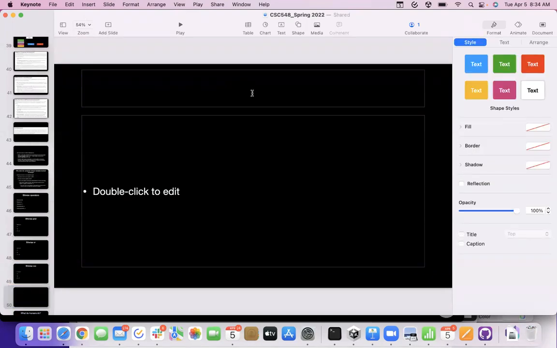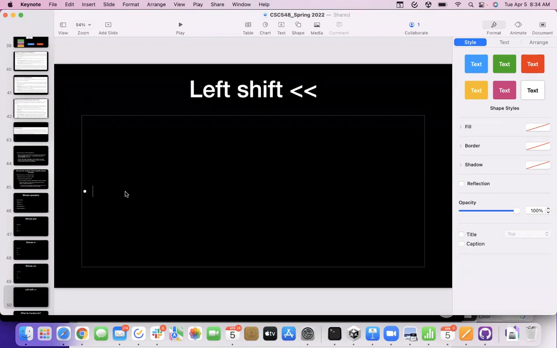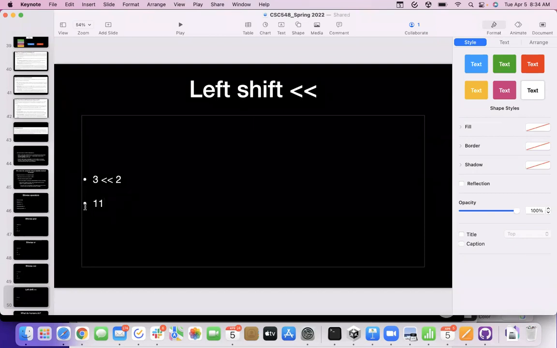So let's do a left shift, this guy. So let's say we want to say 3 left shift 2. That's going to be the number 1, 1. And we want to left shift this guy 2 times.